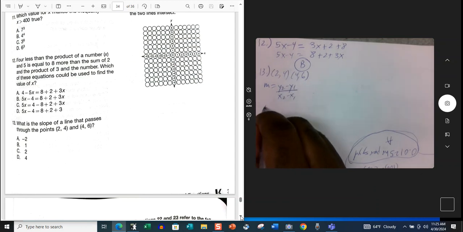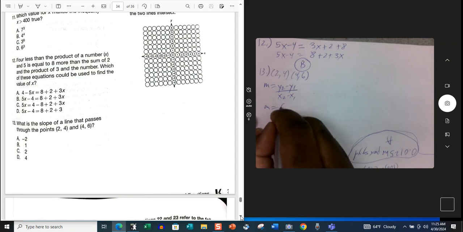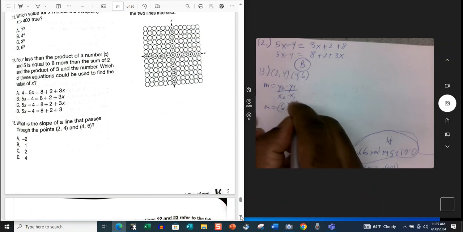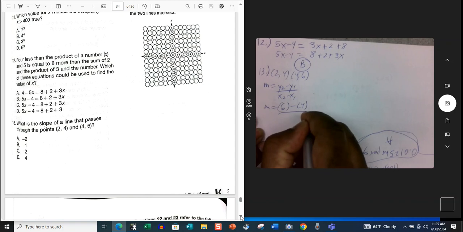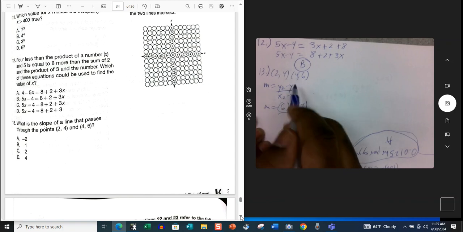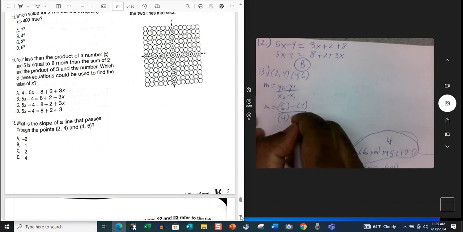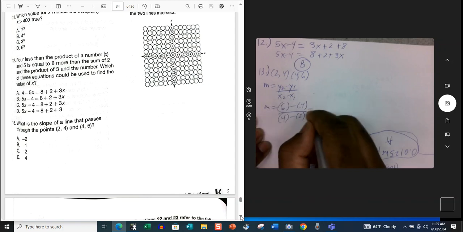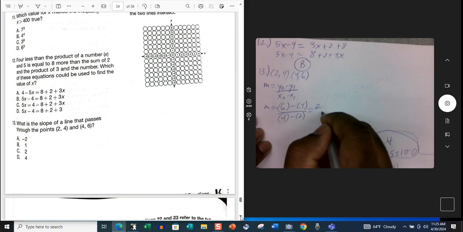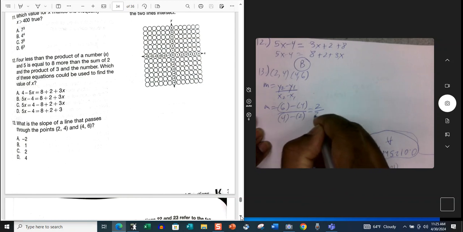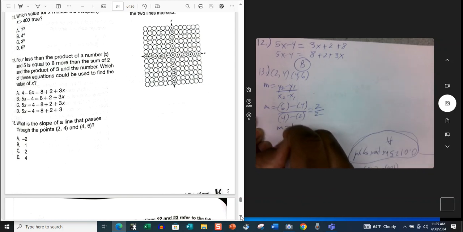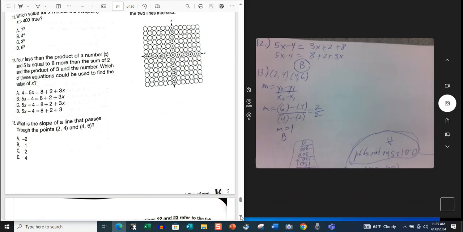Now, y sub 2 is the y in the second ordered pair, and y sub 1 is the y in the first ordered pair. And then x sub 2 is the x in the second ordered pair, and x sub 1 is the 2 in the first ordered pair. So 6 minus 4 is 2, 4 minus 2 is 2, so your slope is positive 1, which would be B.